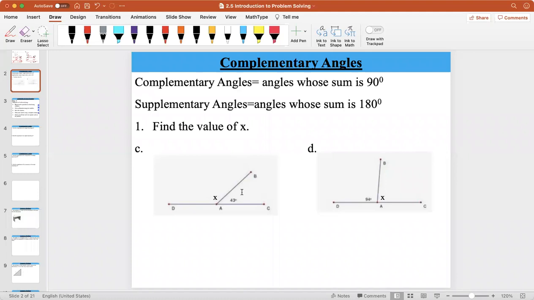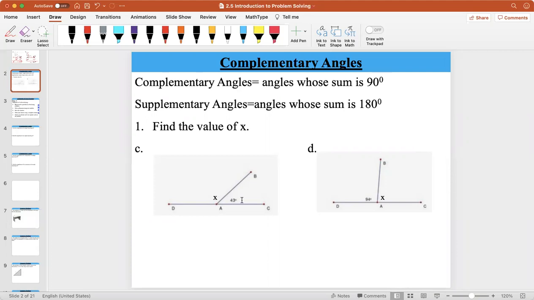When two angles form a linear pair, right? So here we form a linear pair. When two angles form a linear pair, we call them supplementary angles. And supplementary angles are those angles whose sum is 180 degrees. So let's find x here using letter C figure.